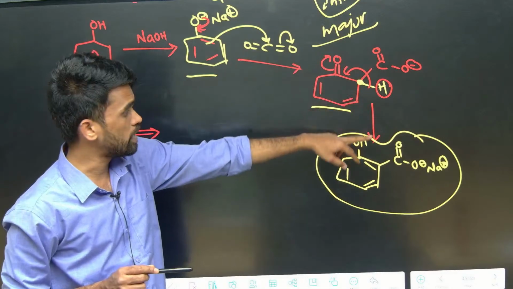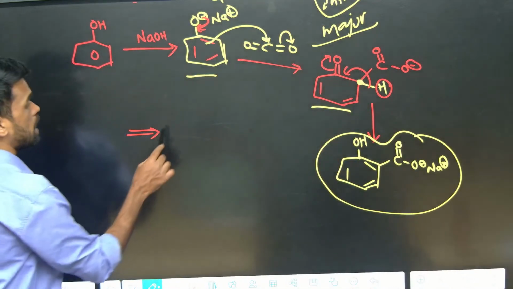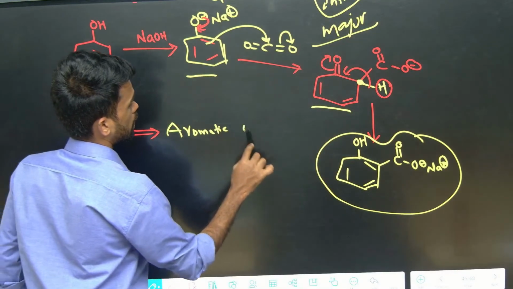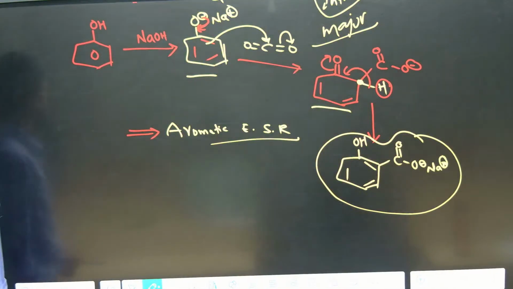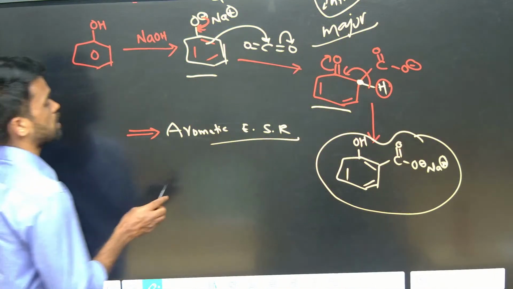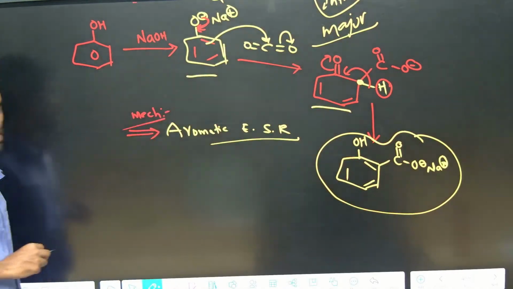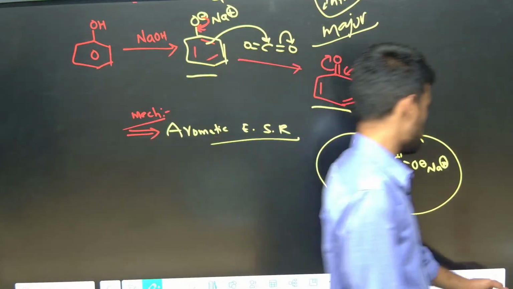So one electrophile is replaced by another electrophile, so you should call it an aromatic electrophilic substitution reaction. What is the mechanism involved in the Kolbe reaction? Aromatic electrophilic substitution reaction. This is also an important point to be remembered.